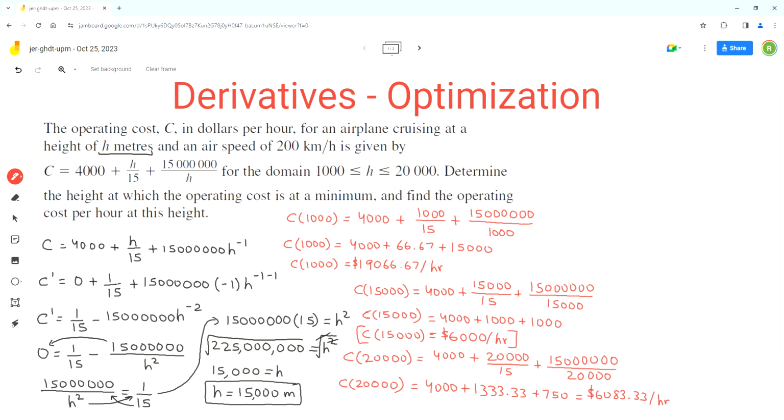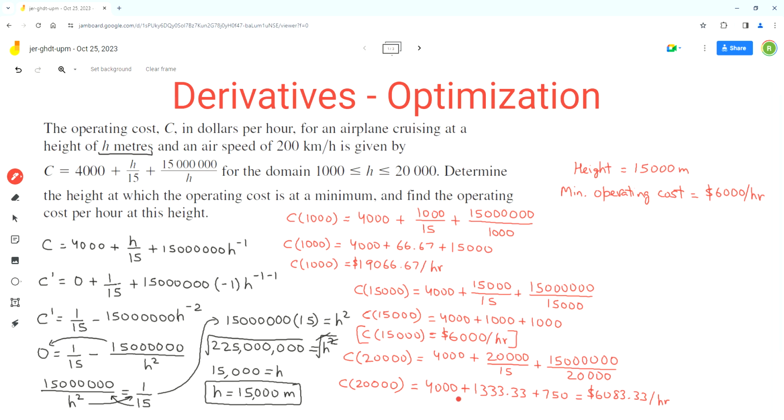So our final answer will be, the height at which the operating cost is minimum is 15,000 meters, and the minimum operating cost in the given domain is $6,000 per hour. So this should be the final answer for this problem.